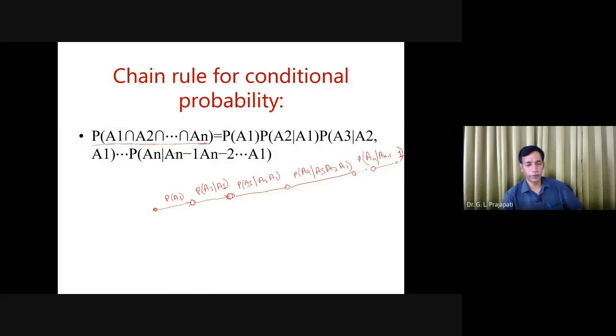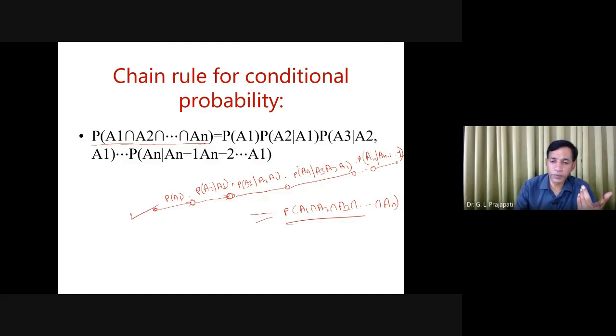This is the chain rule. Multiplying all of these together is equal to the probability of A1 and A2 and A3 up to An.